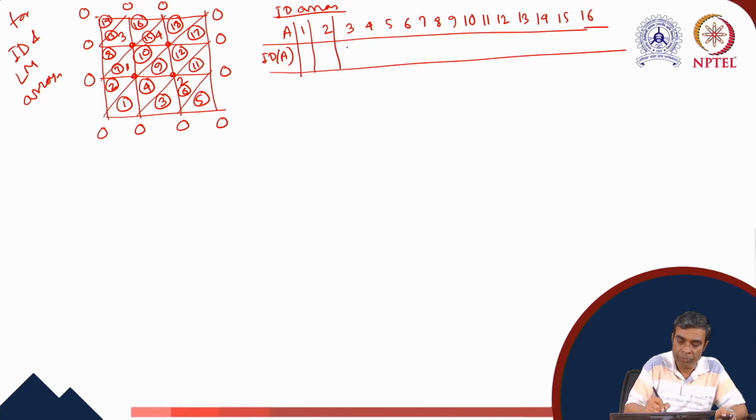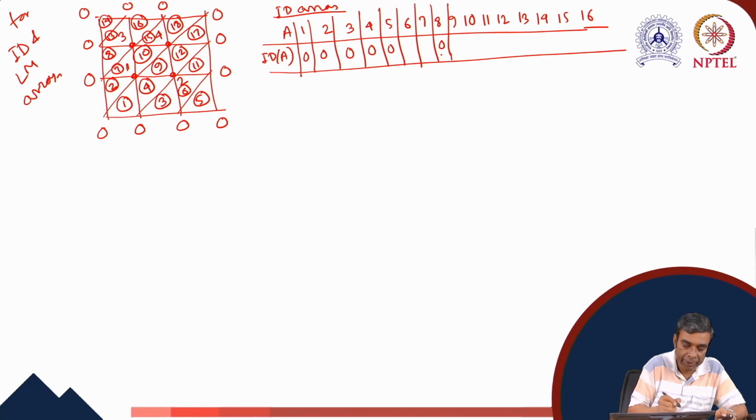For boundary nodes our equation number is 0. So for 1, 2, 3, 4, these equation numbers are all 0. Then we have 5, 6, 7, 8. At 5 and 8 our equation numbers are 0.